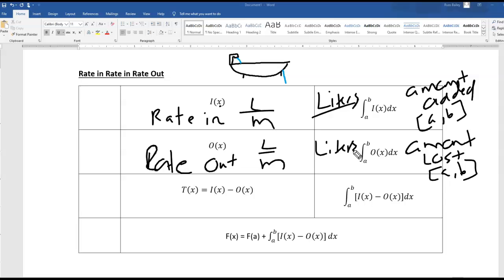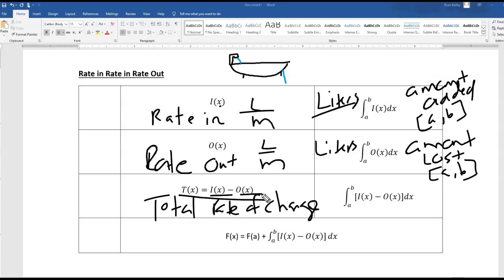Now, I'm going to let T of x, which is I minus O, represent your total rate. So we have a rate at which water is being added to the tub, and a rate at which it's being taken out. If we do I minus O, that tells us the rate of change.